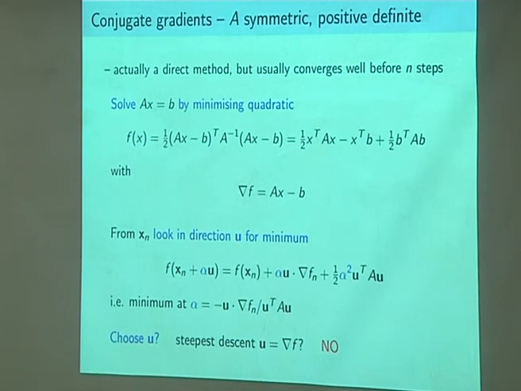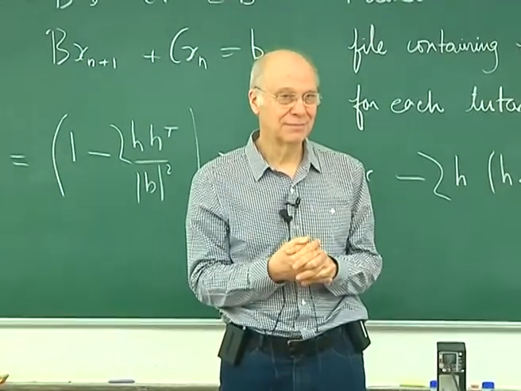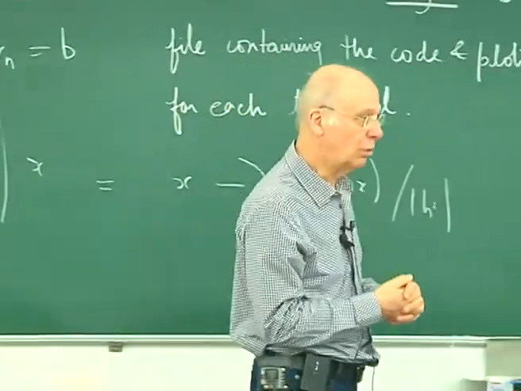Now the question is, how do you choose the next direction? If you can randomly choose the first direction, how do you choose the next direction? And many people say, because you've been looking at other areas, go down the steepest descent. And that turns out to be wrong.